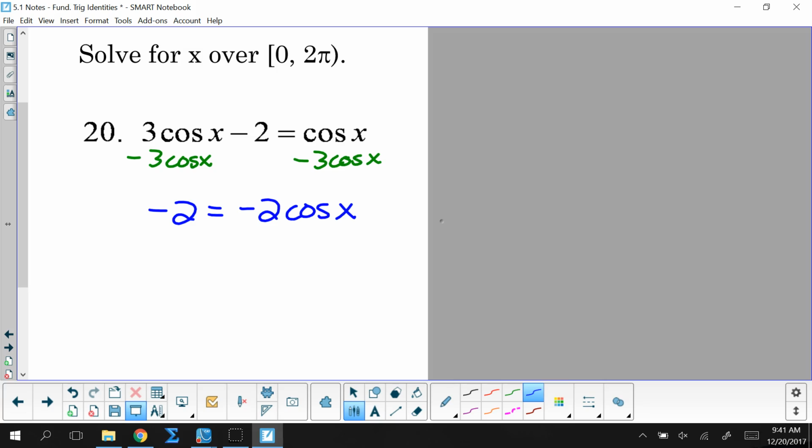Now what? Divide by negative 2. So we get, where on the first lap of the unit circle is cosine equal to 1?